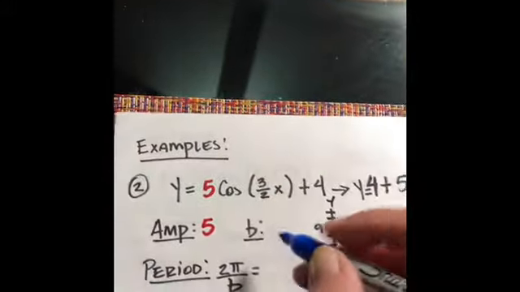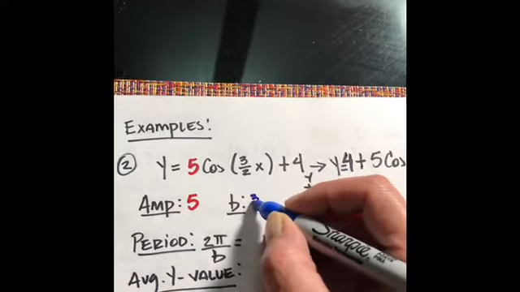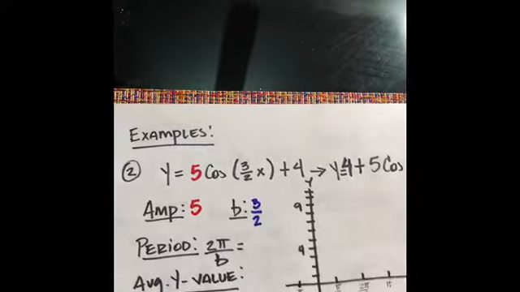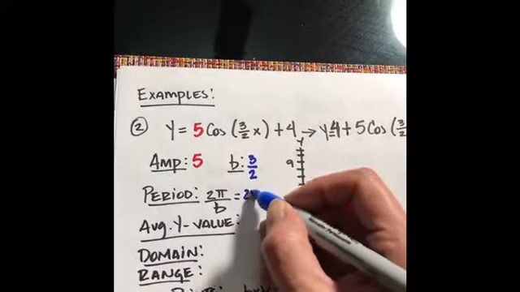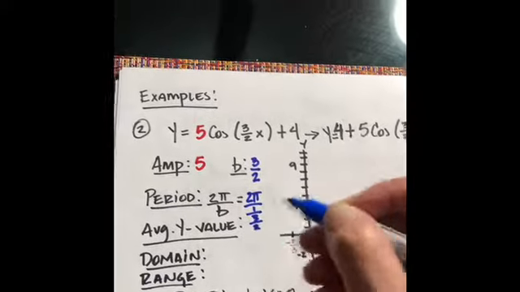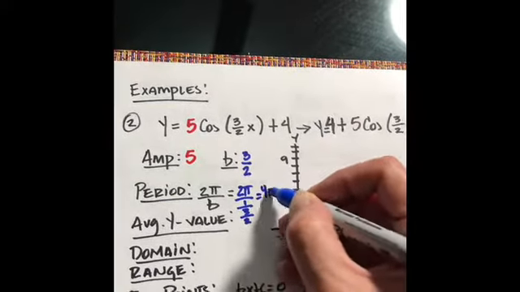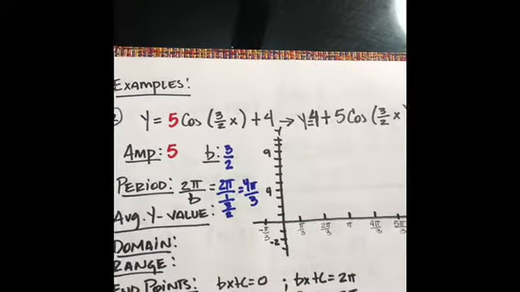In this case, the coefficient is 3 over 2, so b is equal to 3 over 2. If I want to get my period, what I will have to do is 2 pi over 3 over 2. So I will have 4 pi over 3, and that's going to be my period. My period is 4 pi over 3.